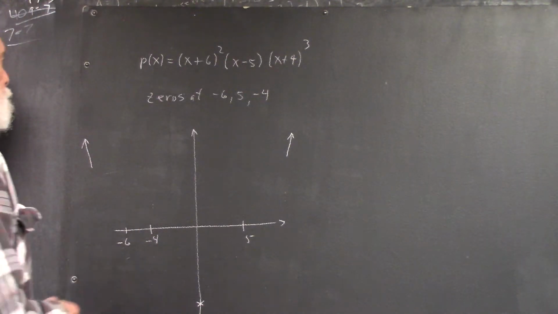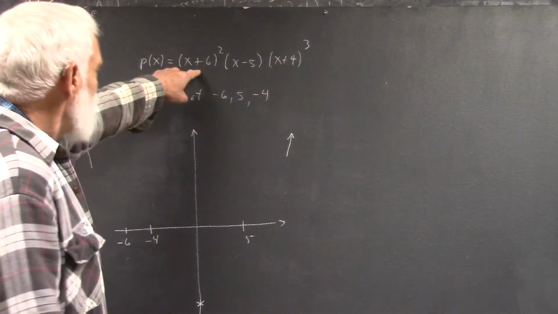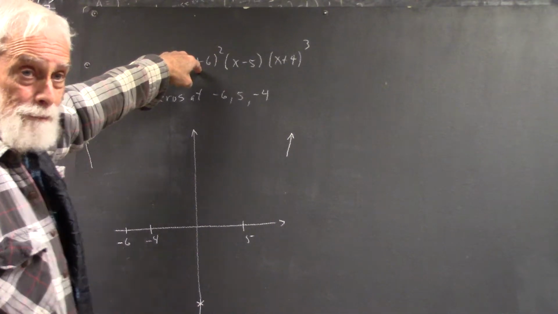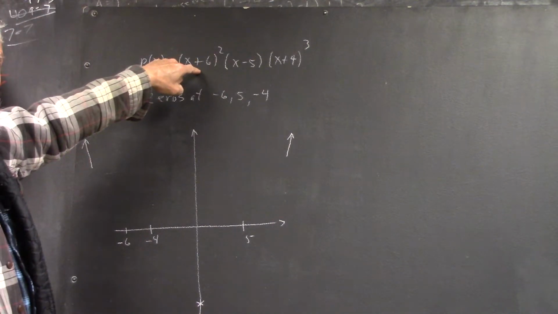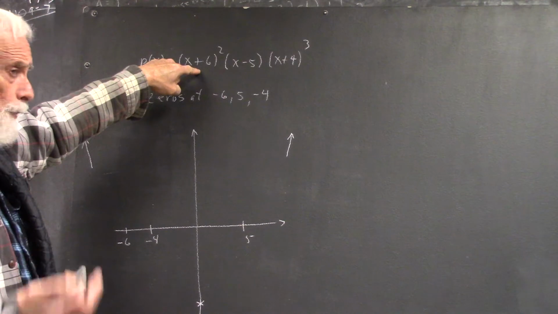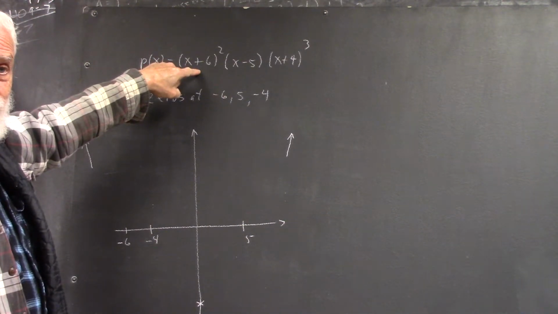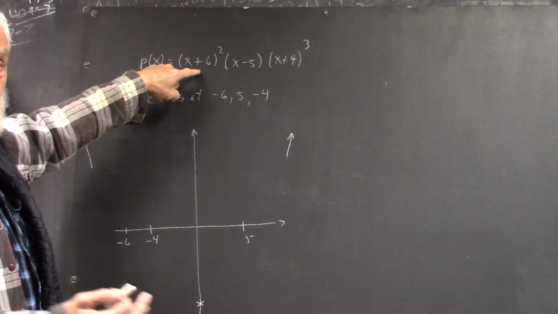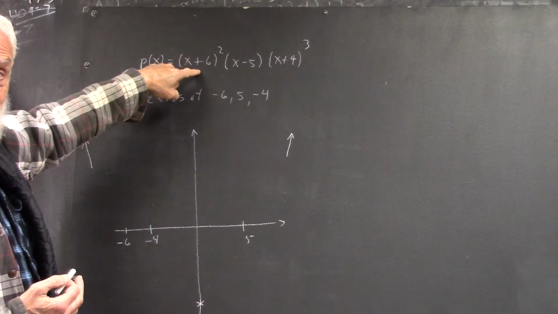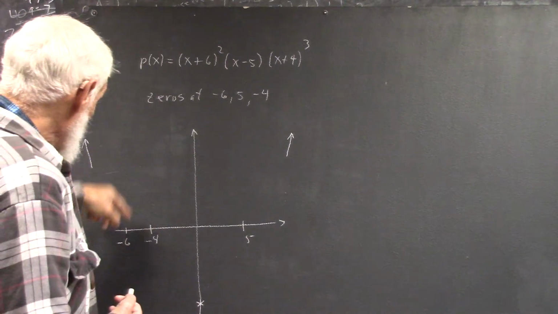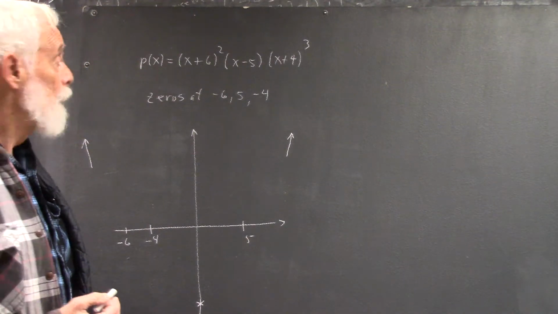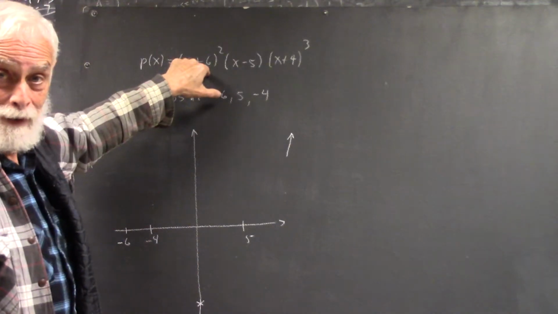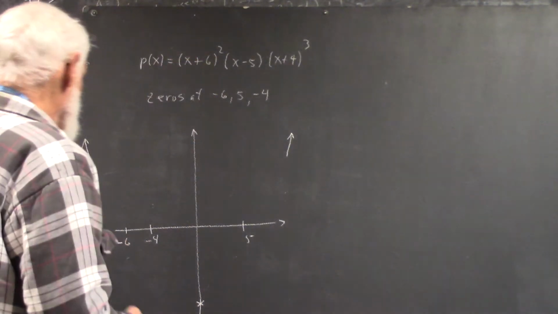The thing we need to see is x plus 6 is squared. If you just did a graph of x plus 6 squared, what would the shape be? Well, that's just y equals x squared shifted 6 units to the left. It's going to be a parabola right here. The rest of all this just stretches the parabola that you get from this, at least in the near vicinity of -6.